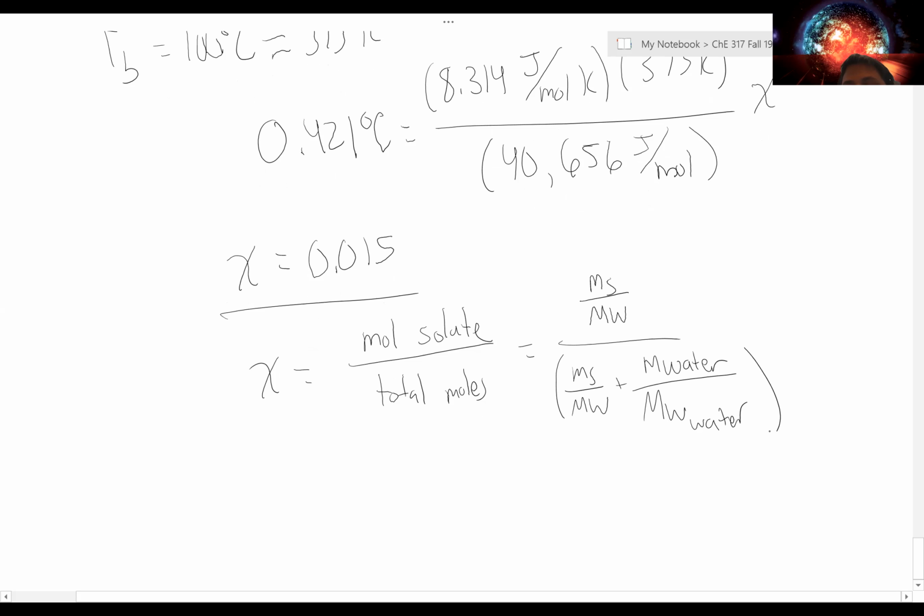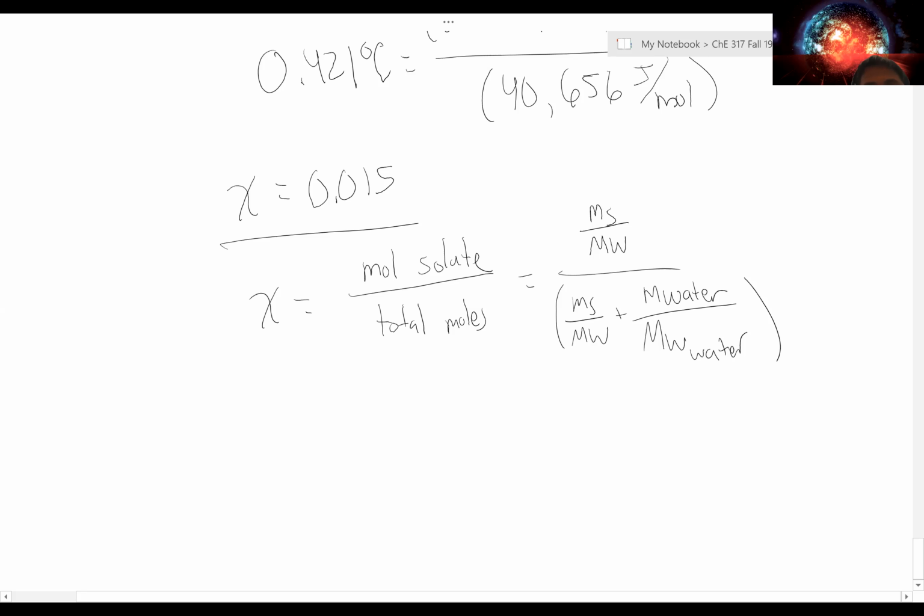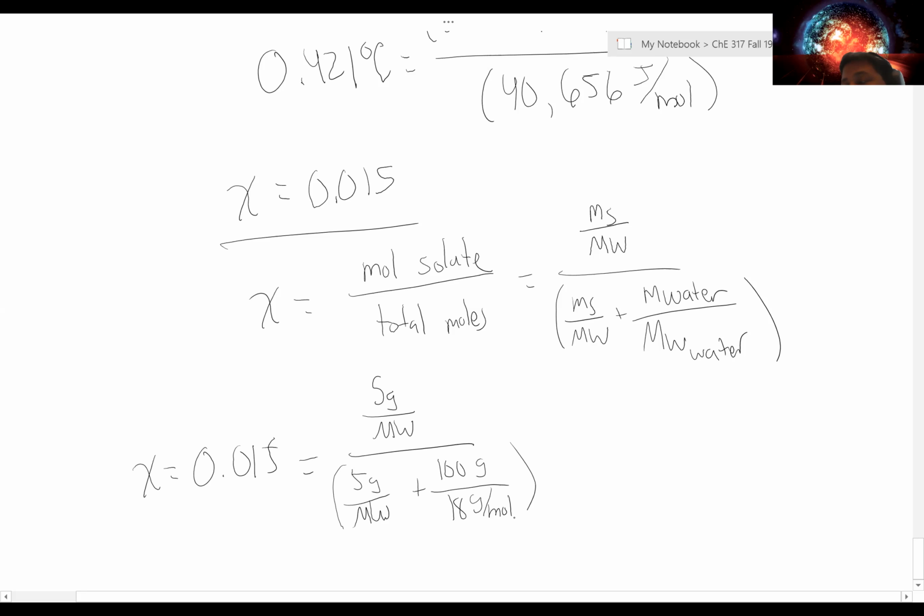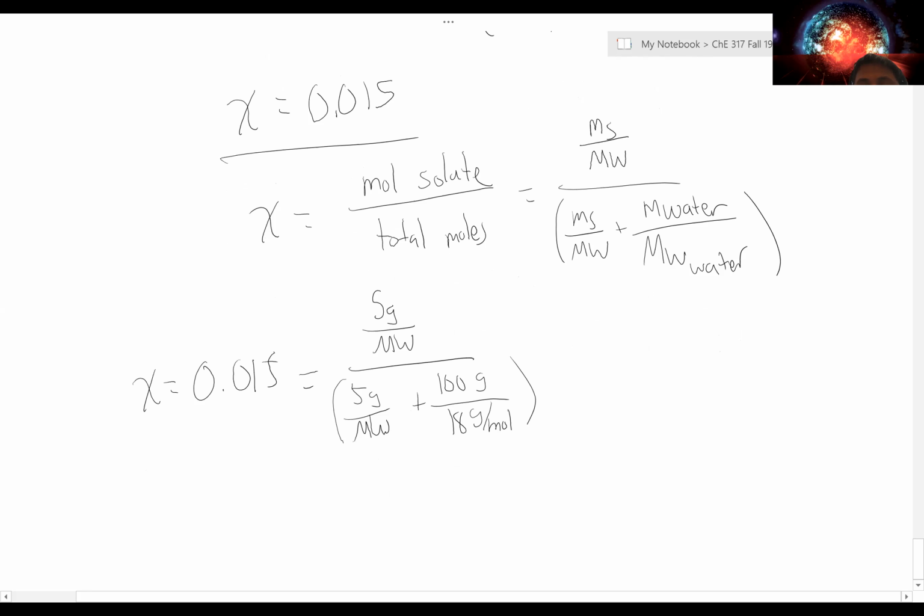So it's a little ugly in its writing, but I would write it as 0.015 equals 5 grams over the molecular weight we're looking for, divided by 5 grams over the molecular weight we're looking for, plus the mass of water, which was 100 grams, over the molecular weight of water, which is 18 grams per mole. So then if you solve for the molecular weight, you get about 60 grams per mole.